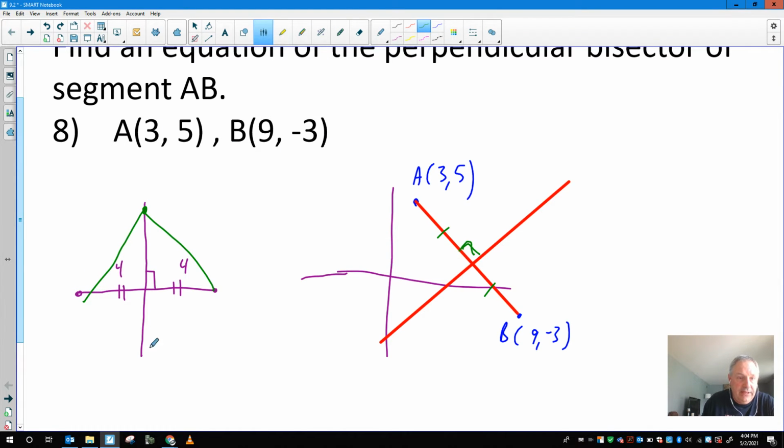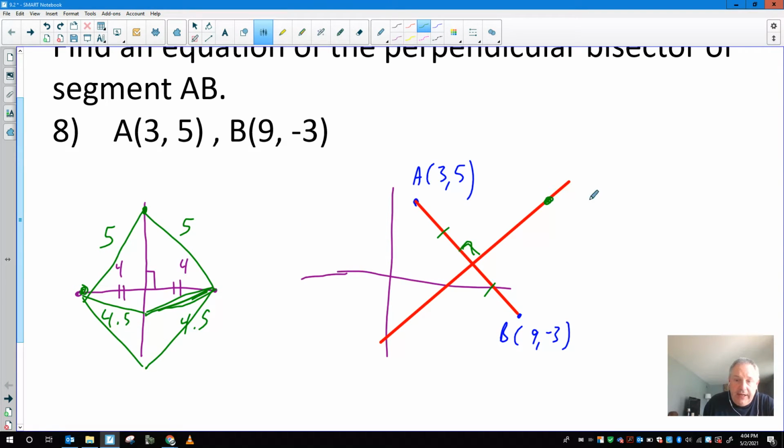If this is 5, this is 5, and that would be 5 as well. Any point, it doesn't matter where you draw, it might be 4.5 and 4.5. If you draw one way down here, it might be 8 and 8 and so forth, but the distance is going to be the same.